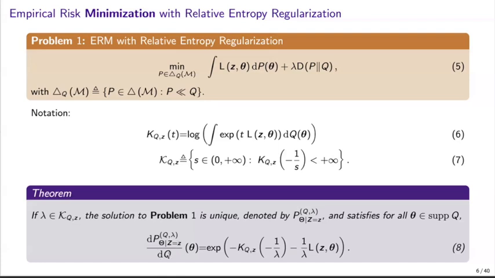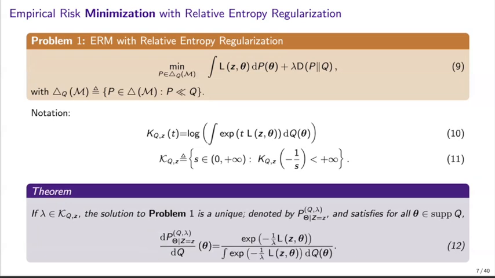If Q is chosen as a probability measure with either a PMF or a PDF, this left-hand side can be seen just as the fraction of the density of the solution with the density of Q. I promise that you have seen this before if I write it like this, for instance. So here the solution essentially is assigning probability exponentially inversely to the value of the empirical risk.